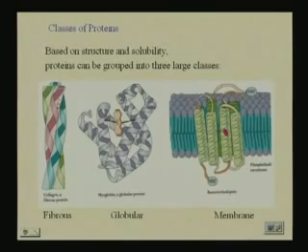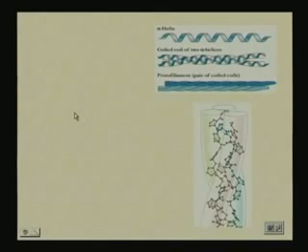There is another class of proteins, the fibrous proteins. From the name, you can figure out what the construction of it is going to be. They are more or less fibers, okay, and they are adapted to give strength to the structure of the protein.